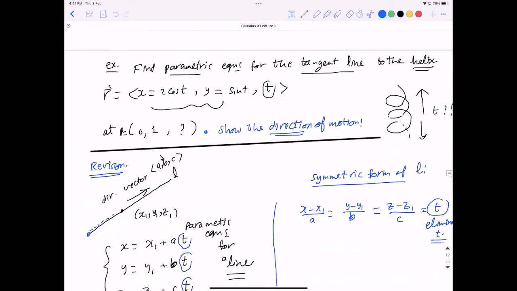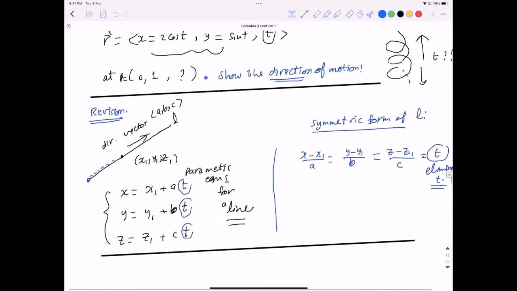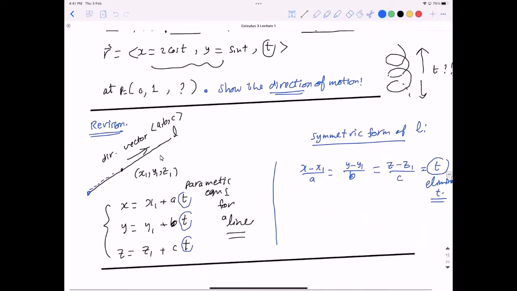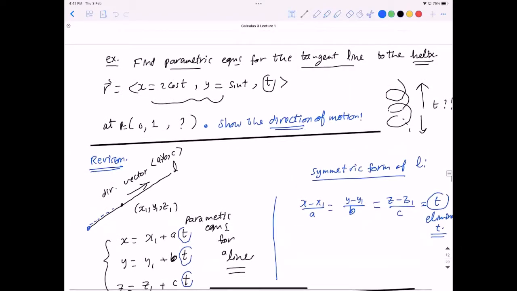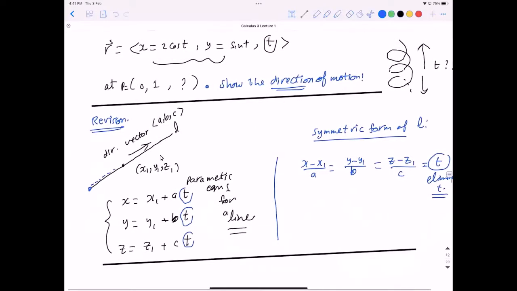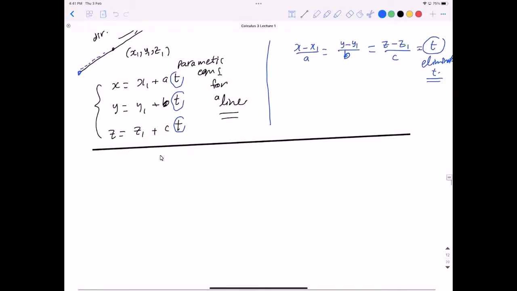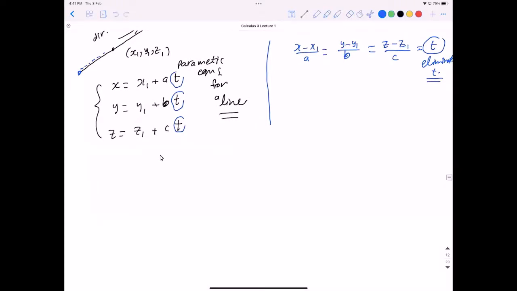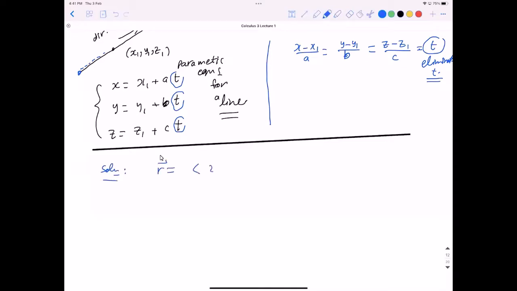So what is the directional vector of the tangent line? We need to differentiate. Tangent means differentiation. If he asks you about the meaning, it is the velocity as well. So we need to differentiate this given equation, r equals, this is the solution. x equals 2 cosine t, y equals sine t, z equals t.